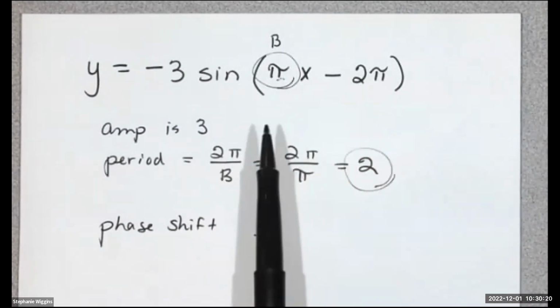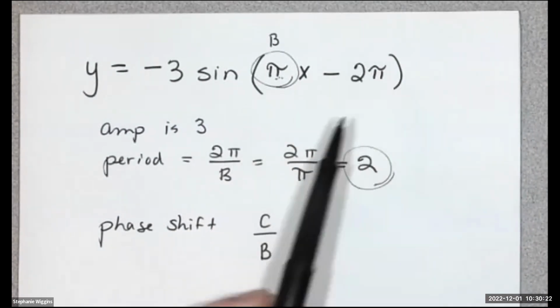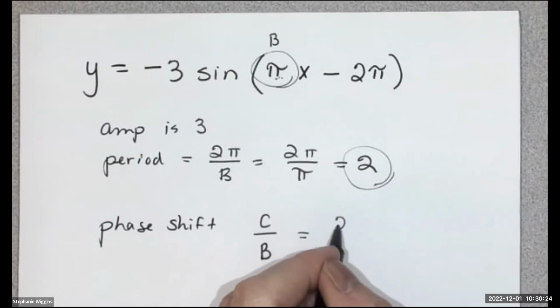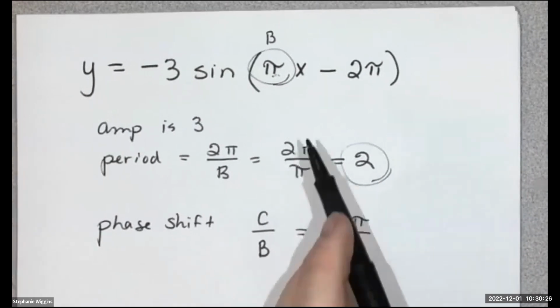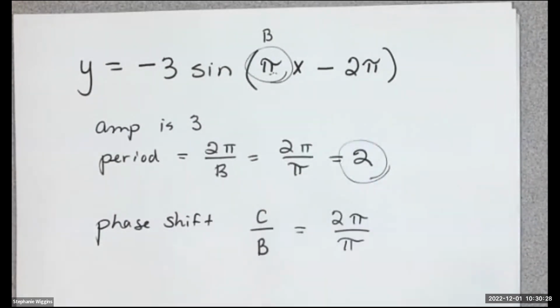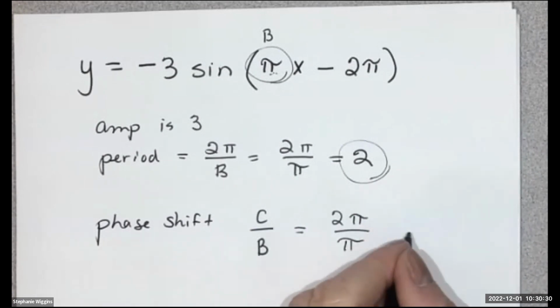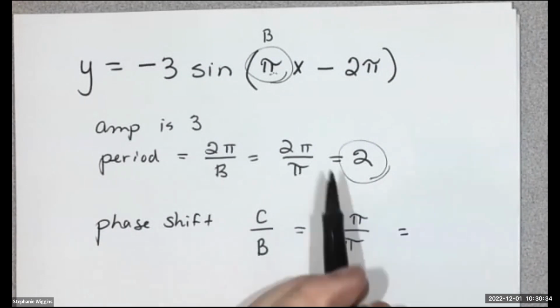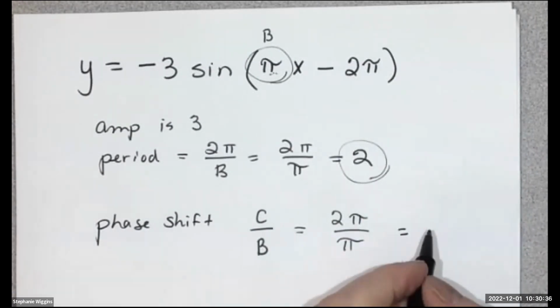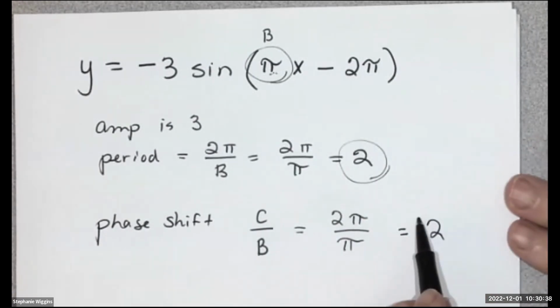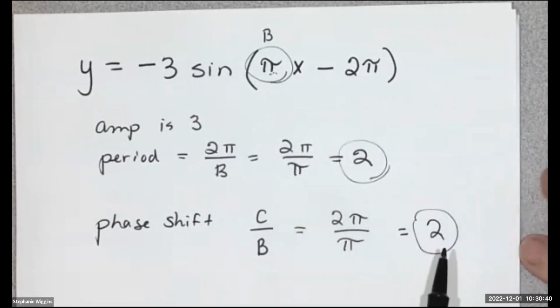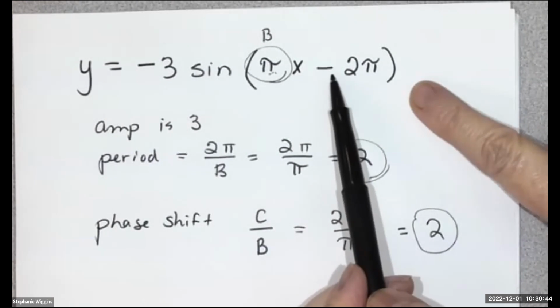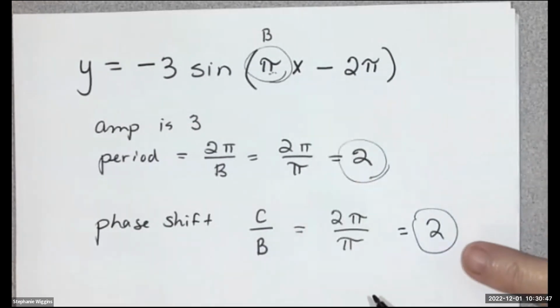In this case, you take the opposite sign of C, so it's going to be 2 pi over pi. It just so happens that the period and the phase shift are the same in this example. Notice that my phase shift is 2. It's the opposite sign of this right here.